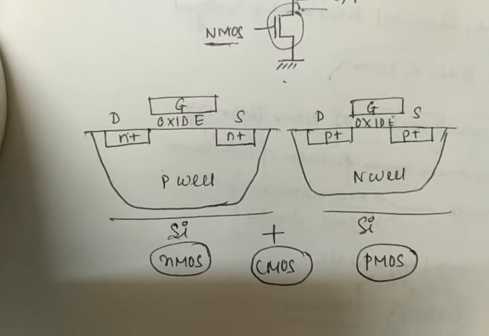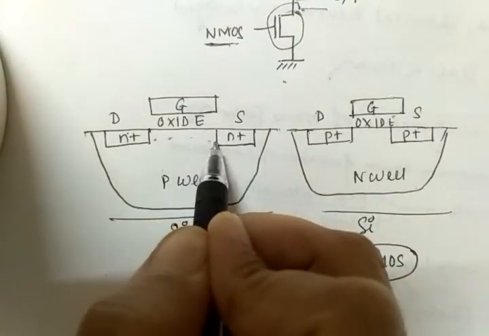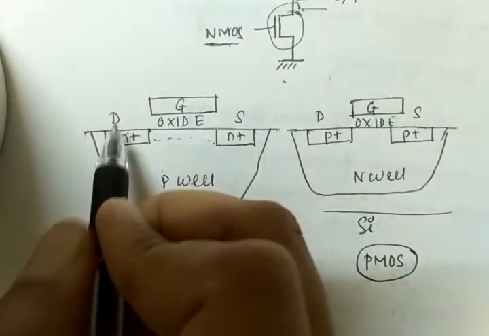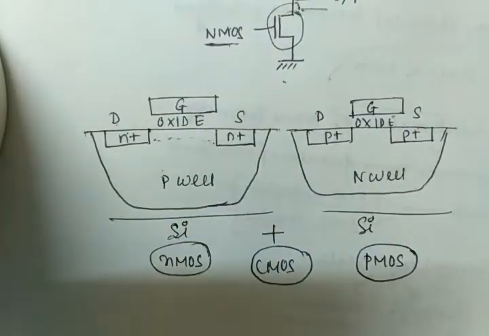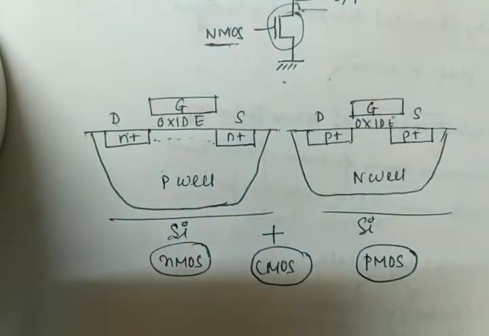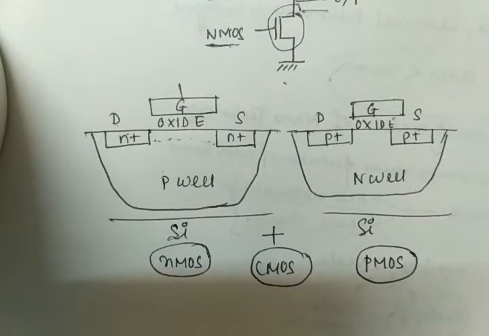So here it is NMOS, which means this channel is an N channel, right? What is a channel? The channel between the drain and source terminals. But there is a controlling terminal through which we can control whether the switch is closed or open. And what is this controlling terminal? This is nothing but the gate terminal, right?